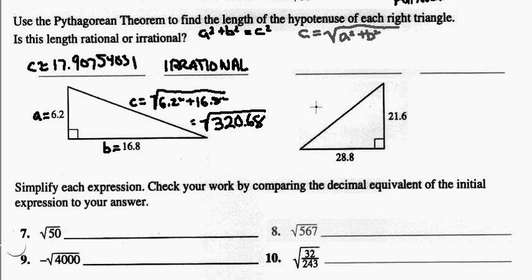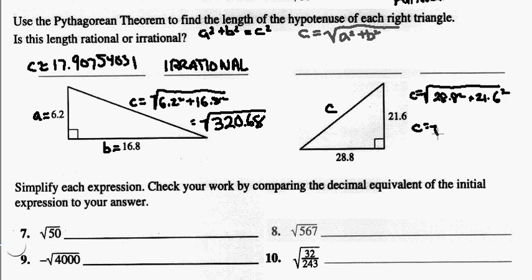Doing the same thing here, if this is C, so C here is equal to the square root of 28.8 squared plus 21.6 squared.